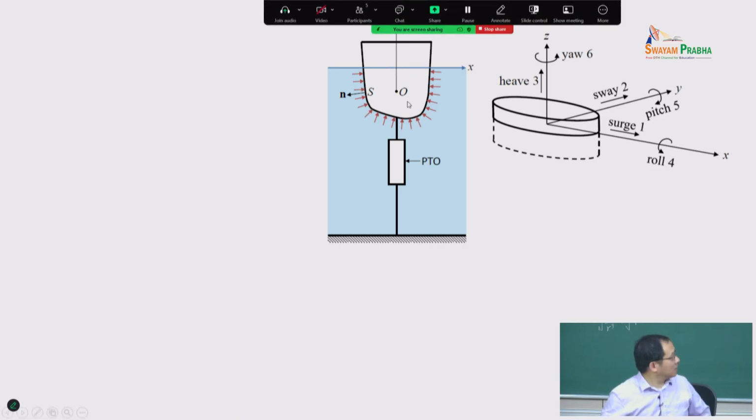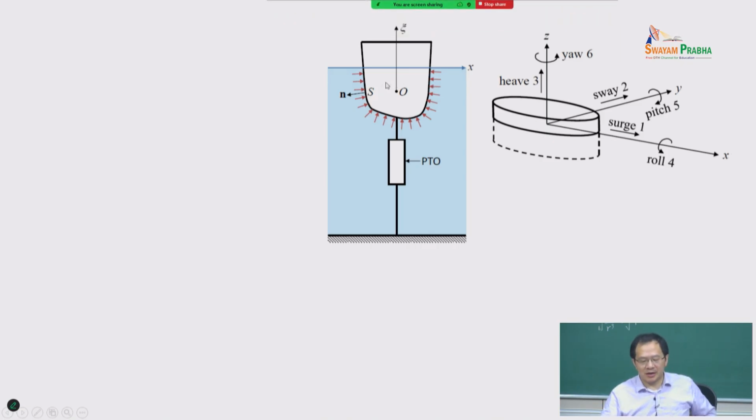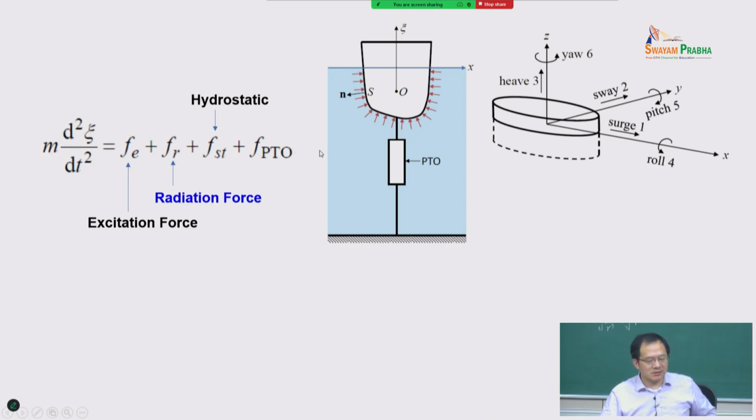Now we consider vertical heave motion only. Okay, so this can be a 2 or 3 dimensional flow. In such a case, the motion follows Newton's law, mass times acceleration, and there will be different force components.